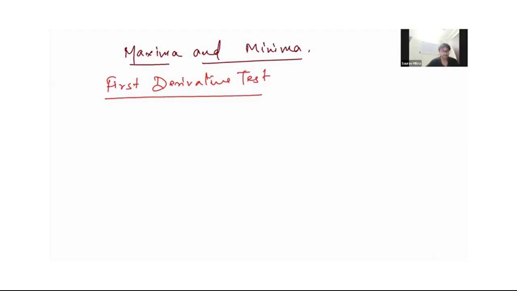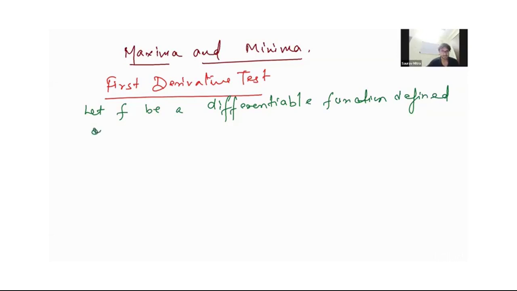So it says that f is a differentiable function defined on an interval I. There may be an interval, closed interval or open interval. Let a belong to the interval I. There will be a point a, it belongs to this interval.